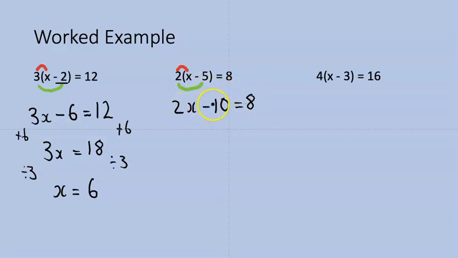So now you solve this like a two-step equation. I've got minus here, so I add. Playing the opposite game. 10 plus 8 is 18. And then I divide both sides by 2. x equals 9.